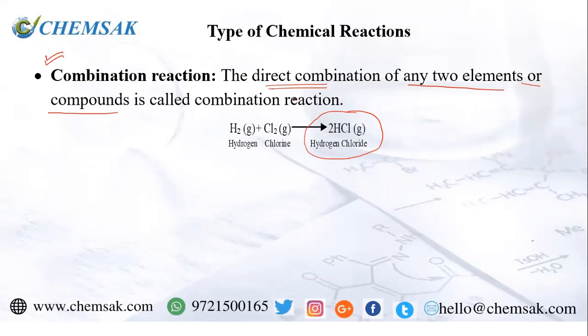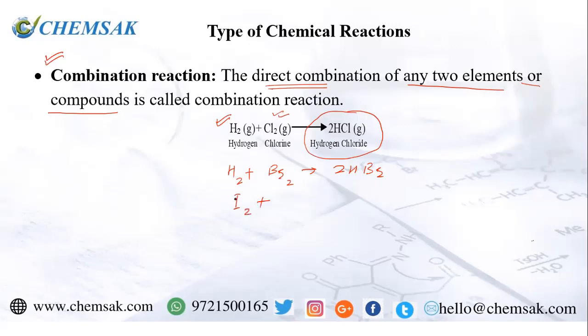That is a direct combination. Means hydrogen reacts with chlorine gas, then we get HCl gas. Similarly, hydrogen reacts with bromine gas, then we get 2HBr, that is again direct combination.